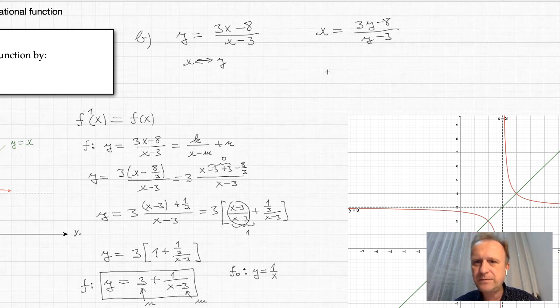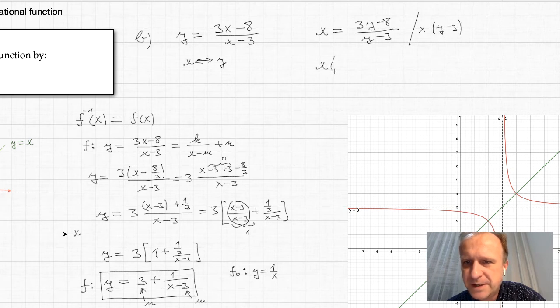What remains here is to express y from this formula. So let me multiply it by y minus 3. So I get x times (y minus 3) equals 3y minus 8. Now xy minus 3x equals 3y minus 8. Now let me combine the terms containing y on one side.